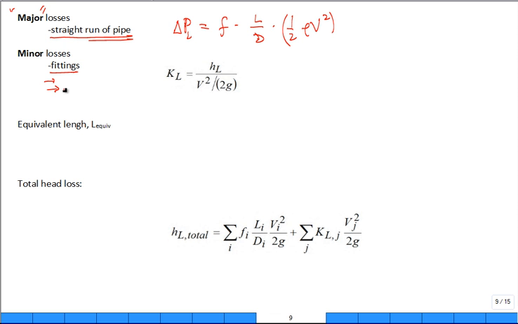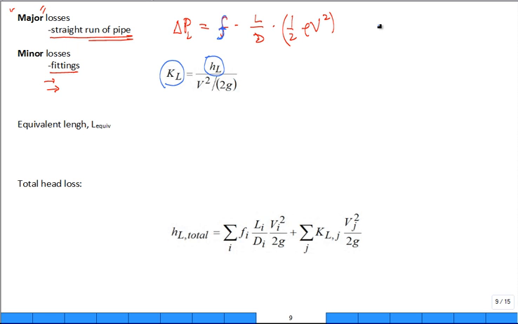And how do we model those? Well, we model them not with a friction factor, f. We model them with the loss coefficient, K subscript L. And that K subscript L is defined as the head loss divided by V squared over 2g.